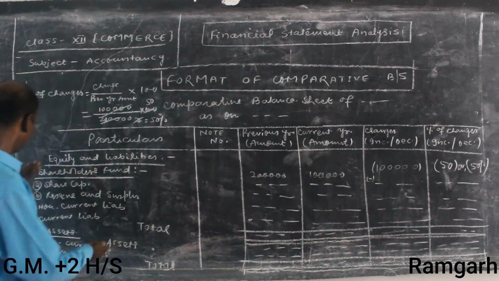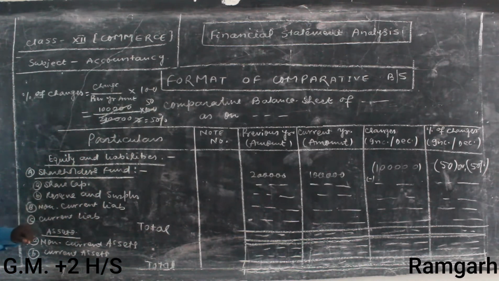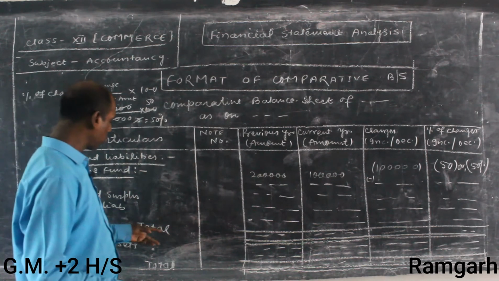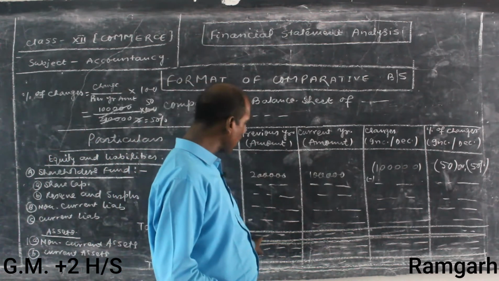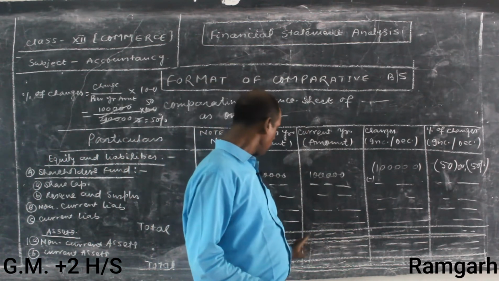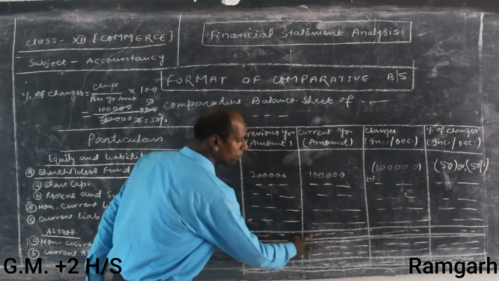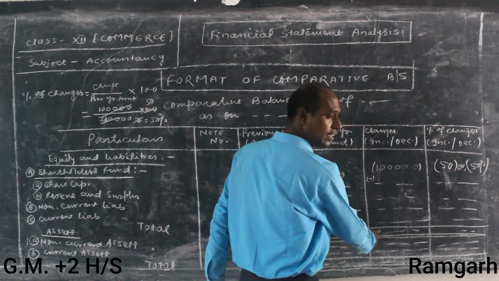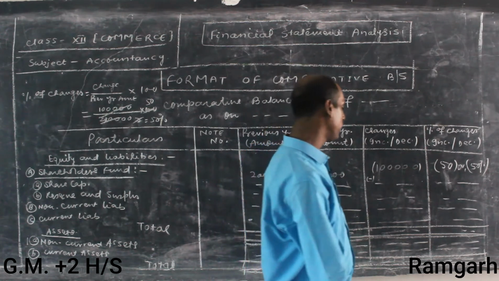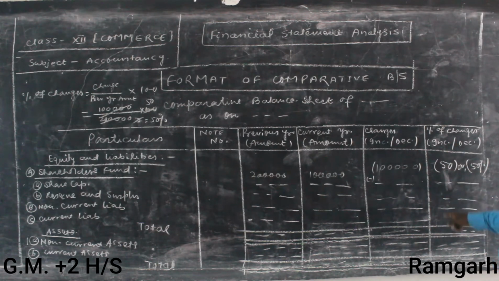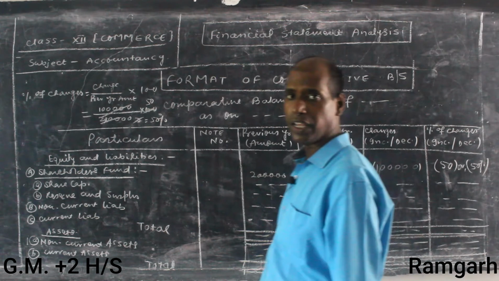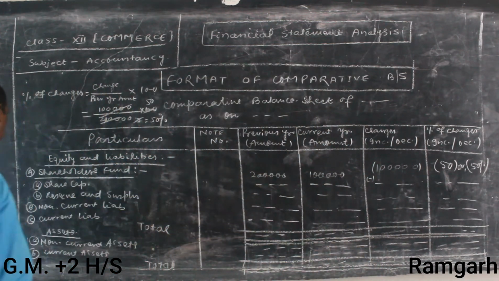After taking all the liabilities and equity side items, we have to take the total amounts: total of previous year, total of current year, and the difference of totals is known as changes, increase or decrease, then the percentage. We cannot find it by adding the changes. It's not a correct way to find the changes.